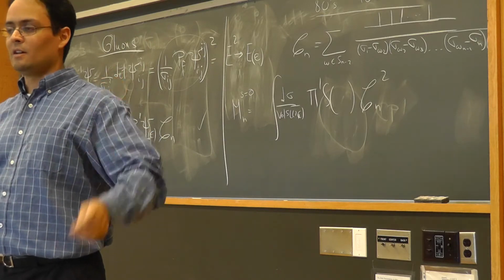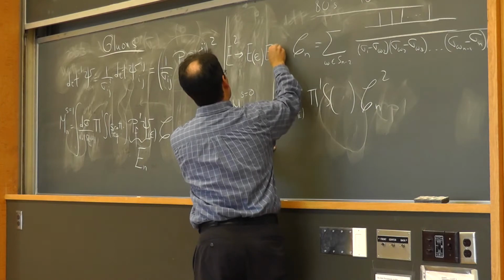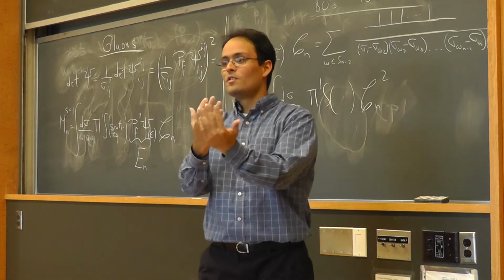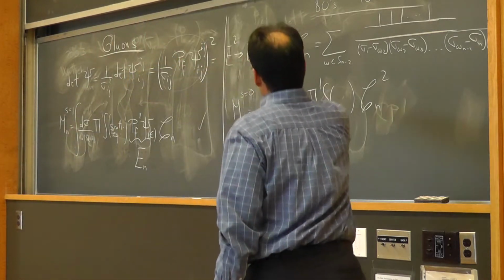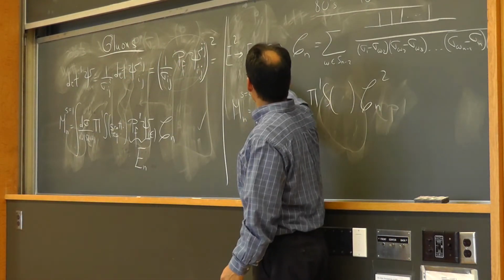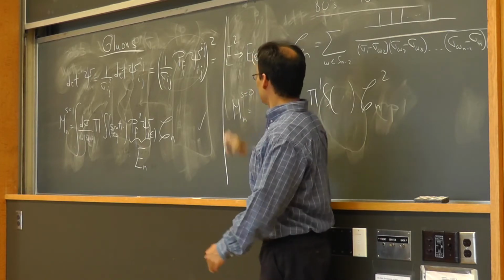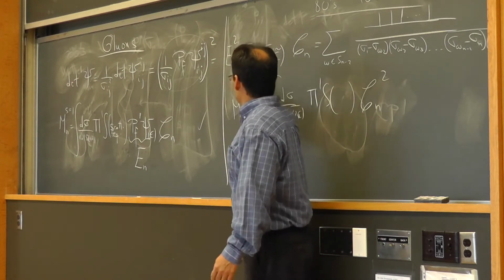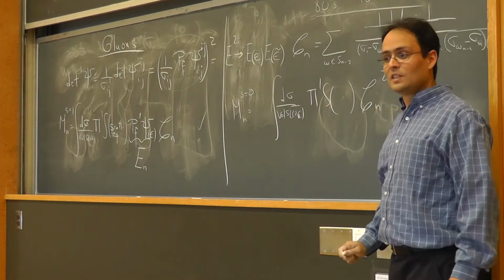I'm going to make a change of gauge. After all, each one of them by themselves is gauge invariant, right? That's why we work so hard. So I can choose this to be one polarization vector and this one another polarization vector. Nobody stops me from doing that. Okay? That's fine.